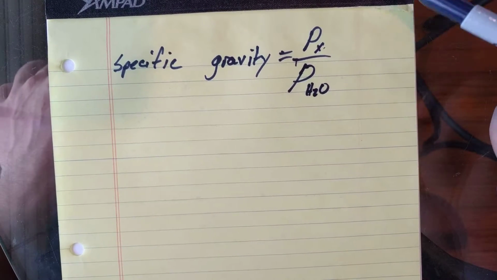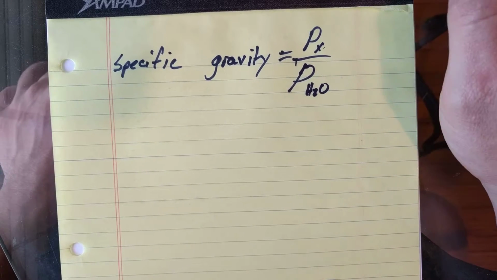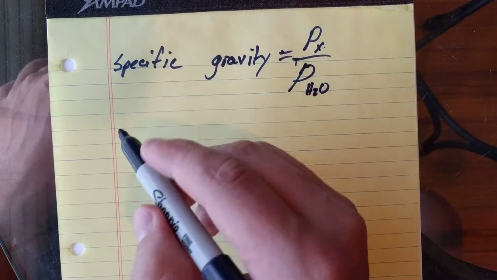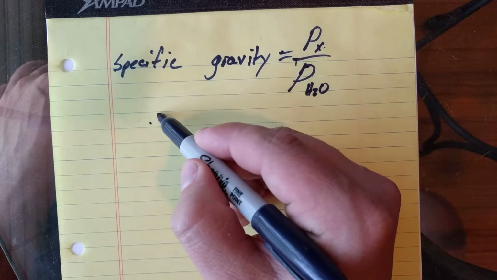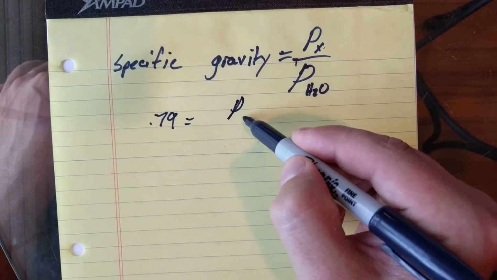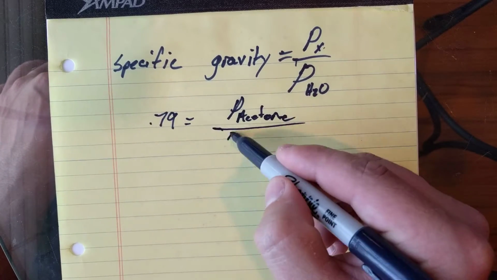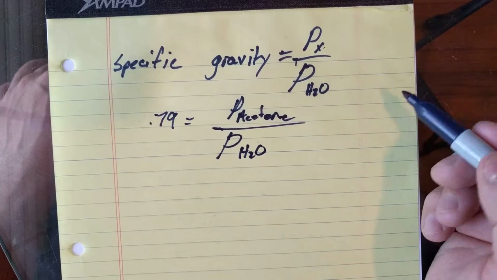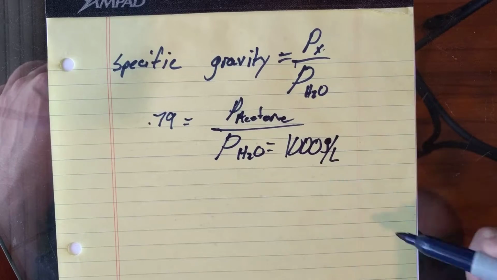So any relationship that we have as far as specific gravity goes, we can use to figure out the density of the substance. So if I have specific gravity of acetone, which is 0.79, and I set it equal to density of acetone divided by density of H2O, H2O, we know the density is 1,000 grams per liter.